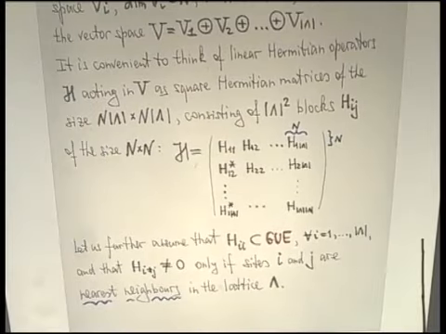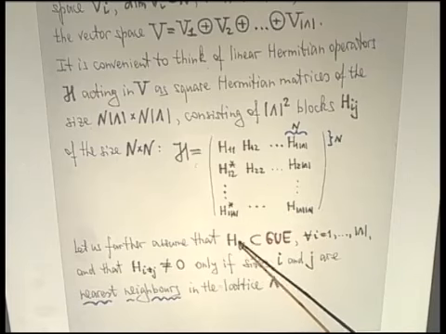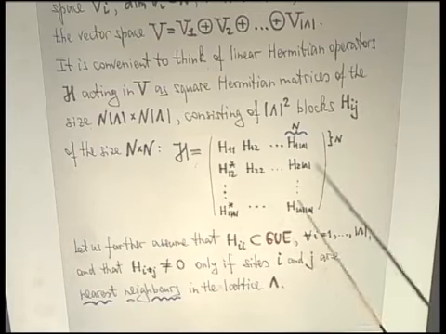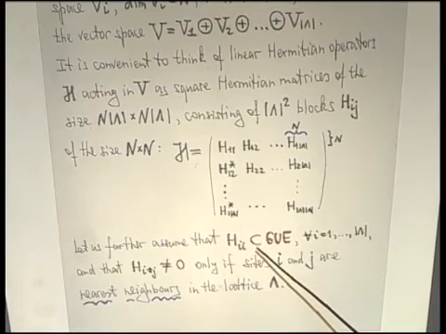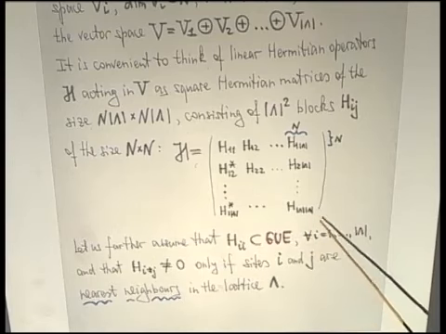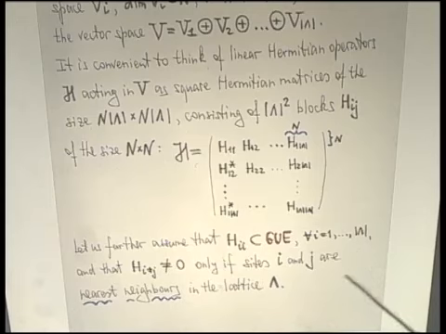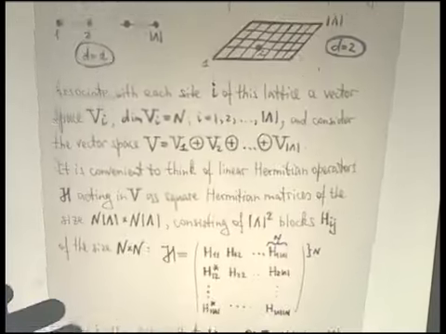Let us further assume that the diagonal blocks are independent and identically distributed matrices, taken individually from the GUE. So they will just have GUE properties.